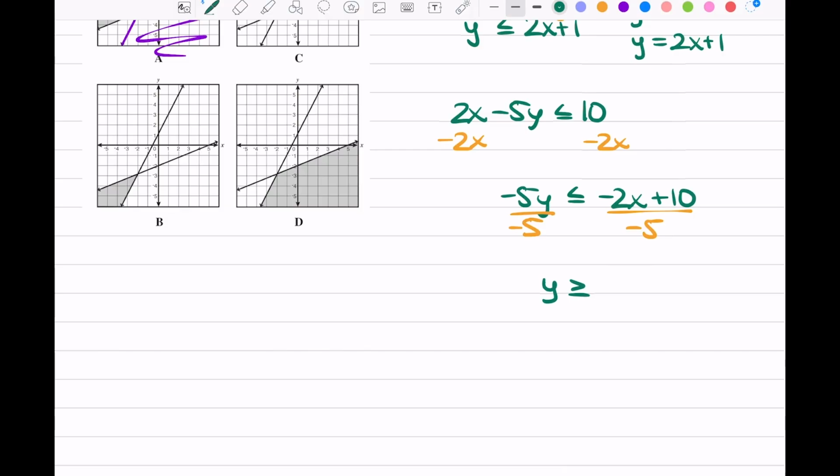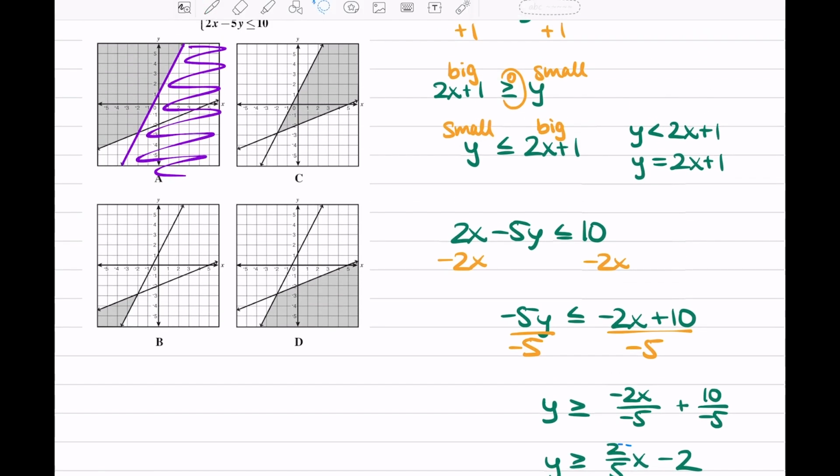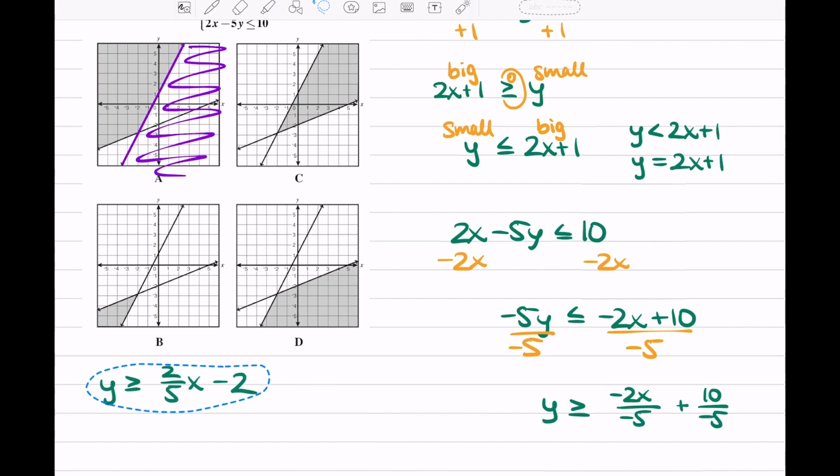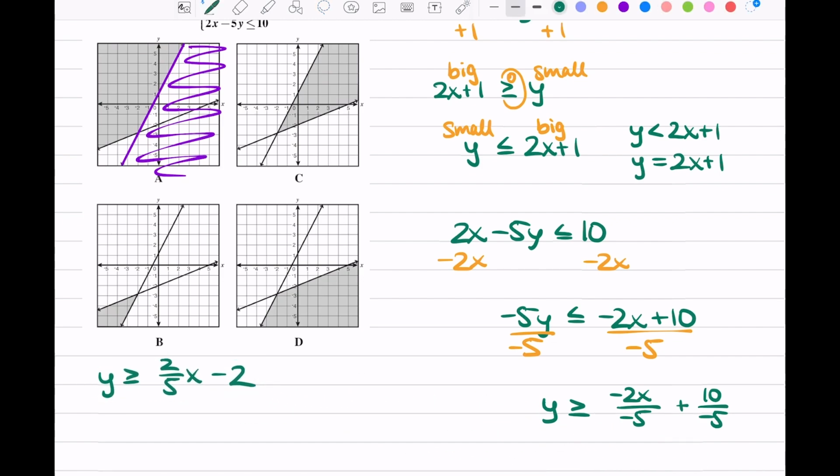And on the right side, we'll split this up into two fractions. We'll have negative 2x over negative 5 plus 10 over negative 5. Simplifying this, we have y is greater than or equal to 2/5 x minus 2. Again, this inequality is going to be two different statements.